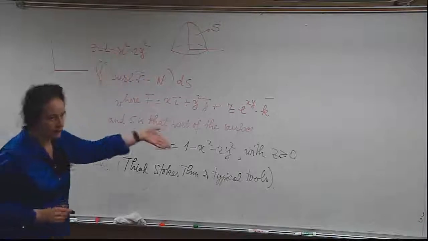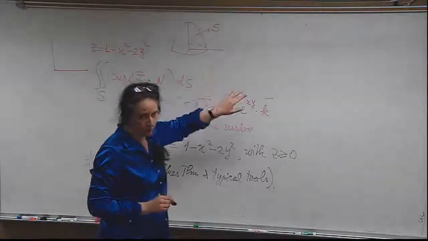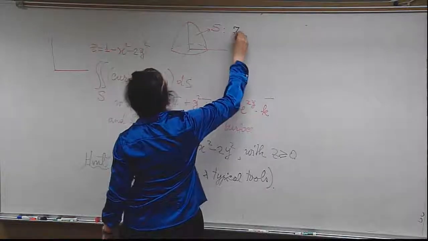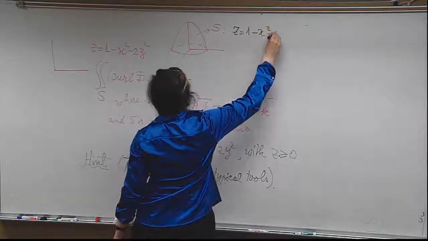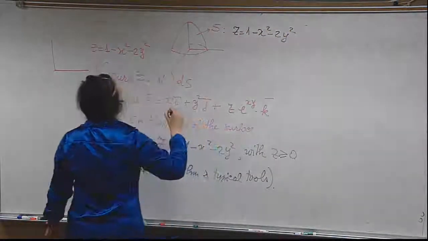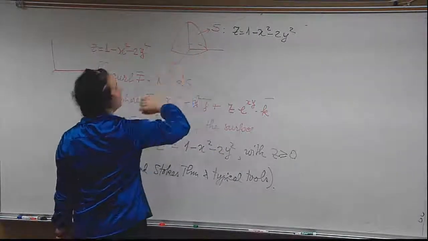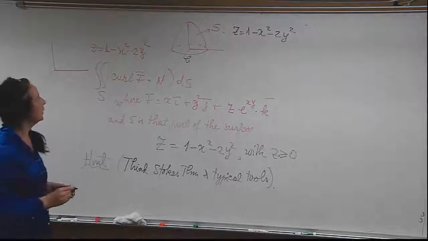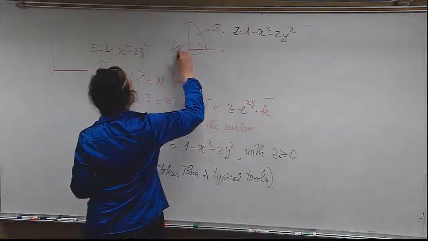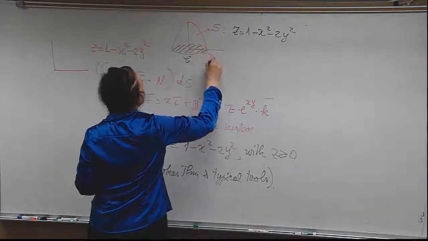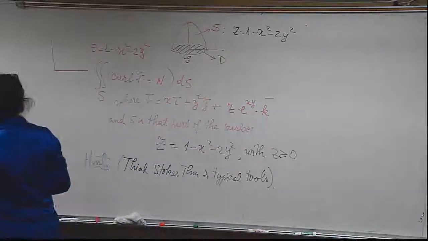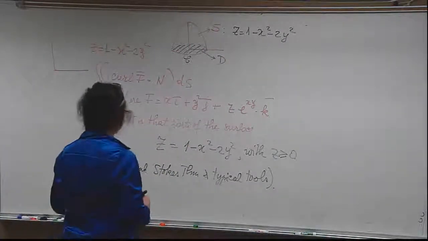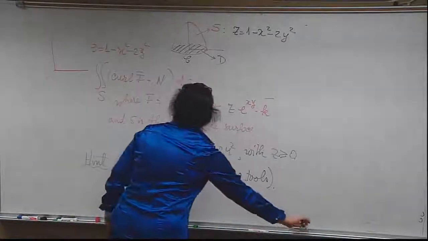We have something like an eggshell which is coming from the paraboloid. This paraboloid is S, 1 minus x squared minus 2y squared. We call that S, but you see you have two surfaces in this picture bounded by C. The other one is the domain D. And it's a simple problem because your domain D is sitting on the xy plane. So it's a blessing that you already know what D will be.